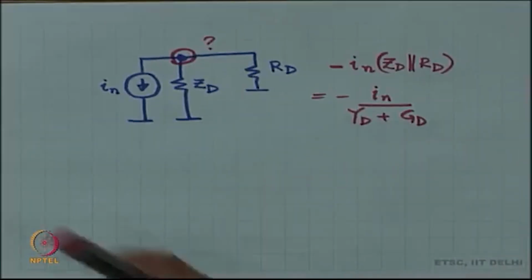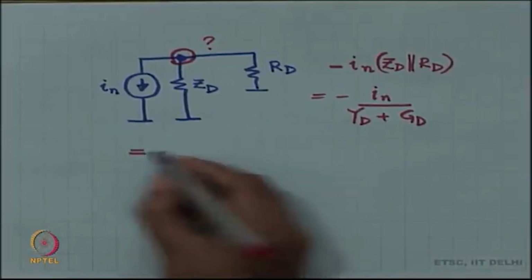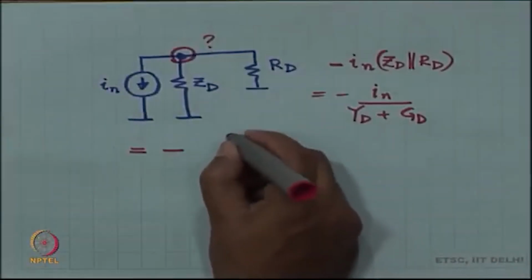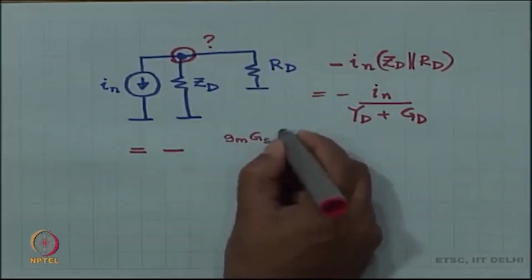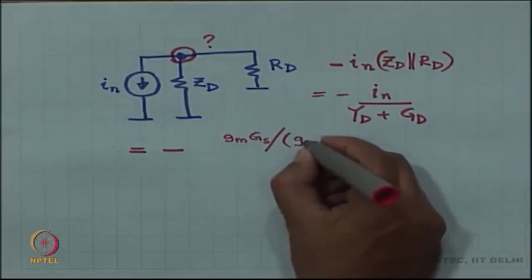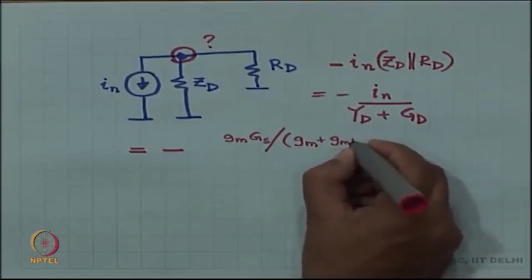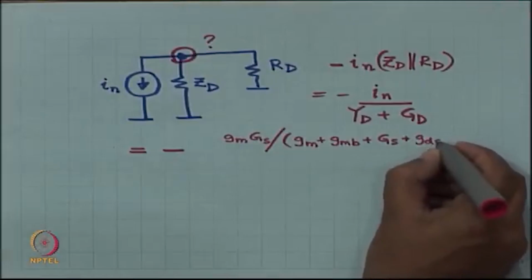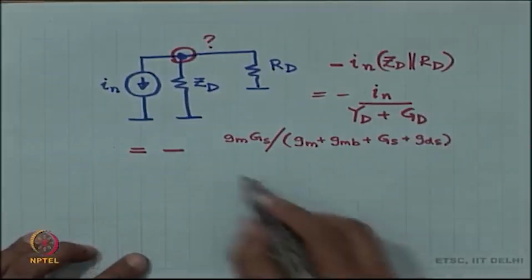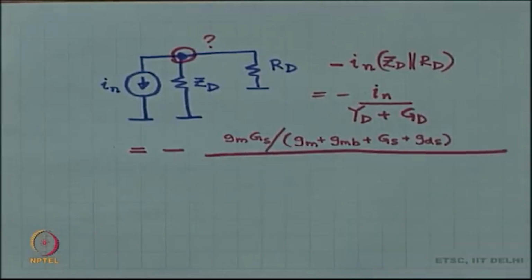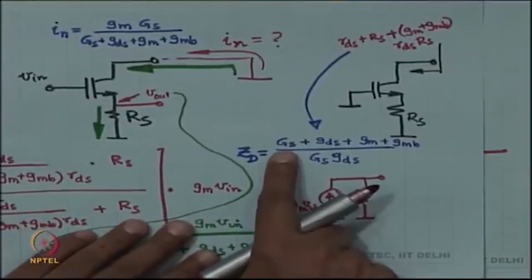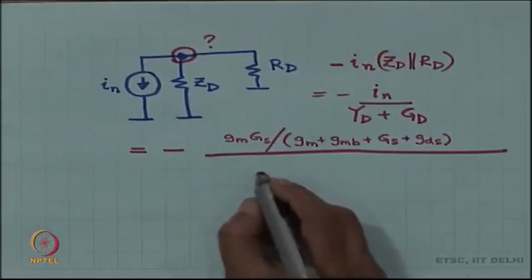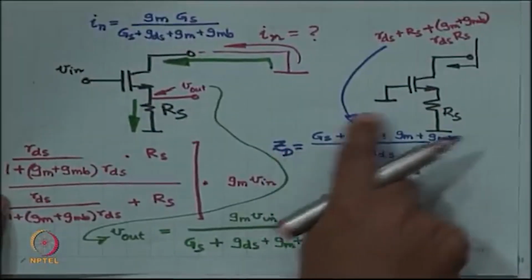And then what is I n? We had it from here. That is I n, and what is Y d? This is Z d. Okay. So, Y d is 1 by this.